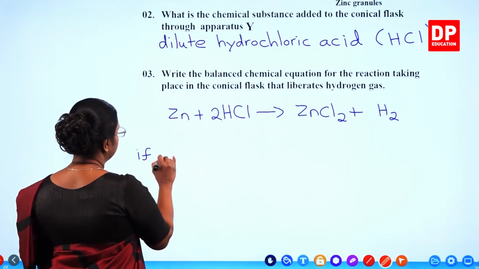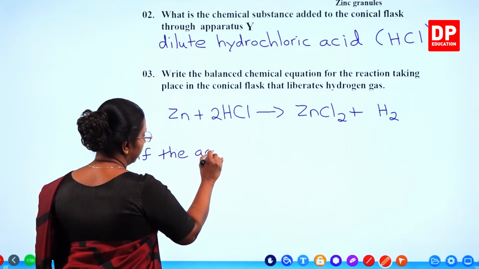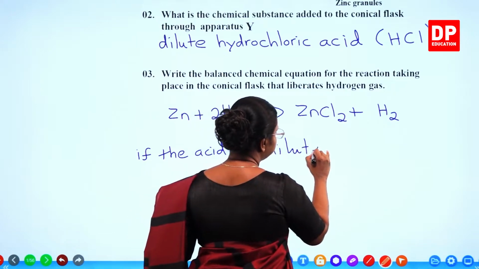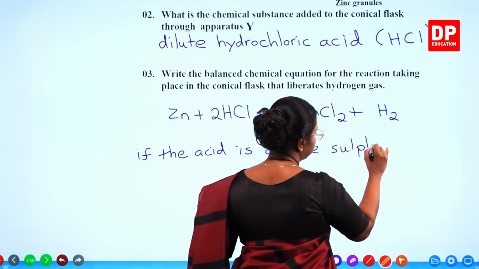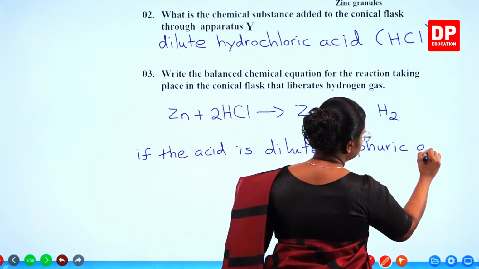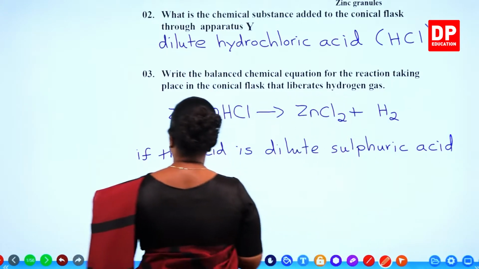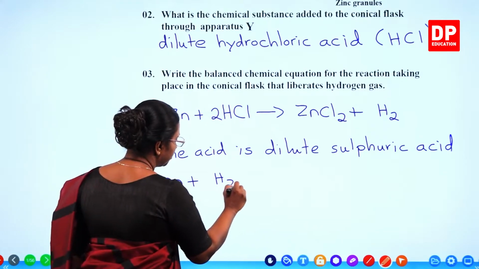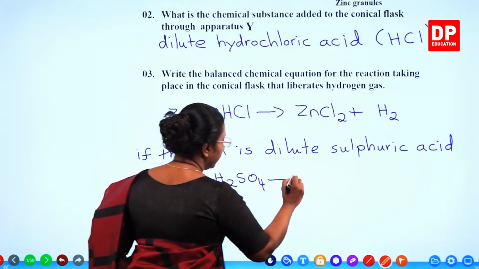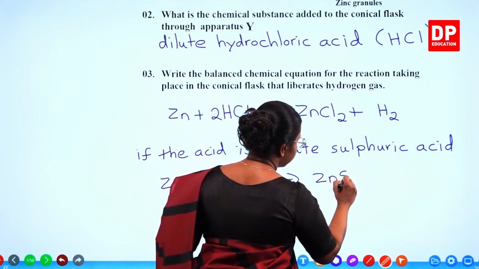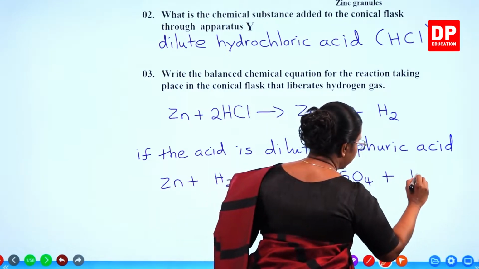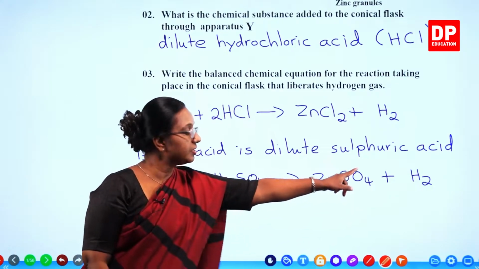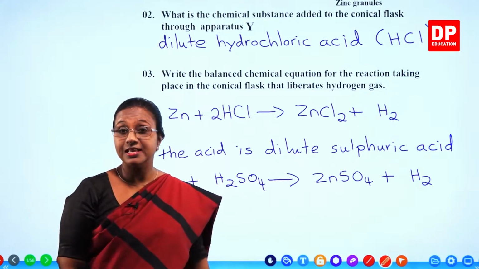If the acid is dilute sulfuric acid, then you will have zinc plus H2SO4 giving rise to zinc sulfate plus H2 gas. Always the salt is produced and hydrogen gas is liberated.